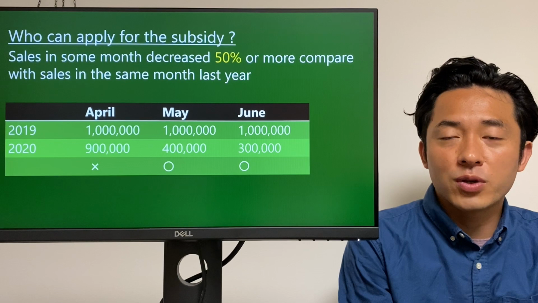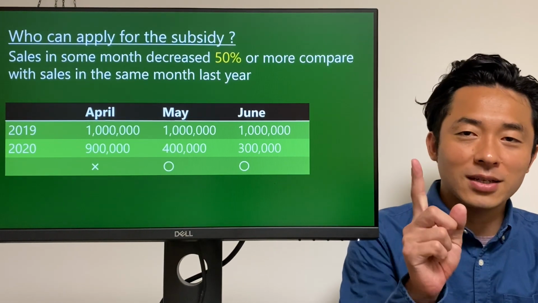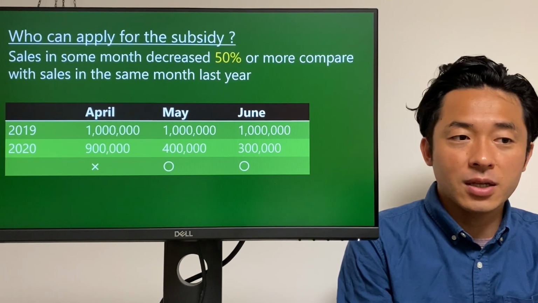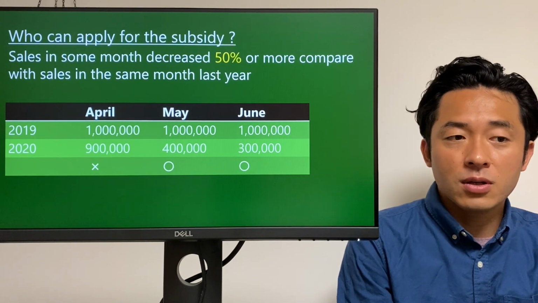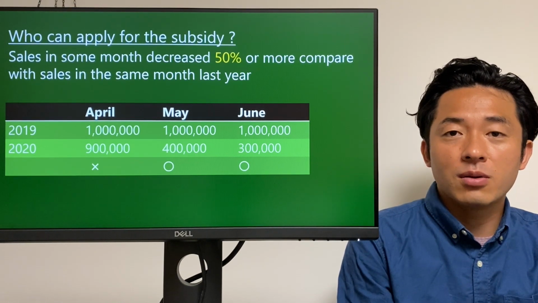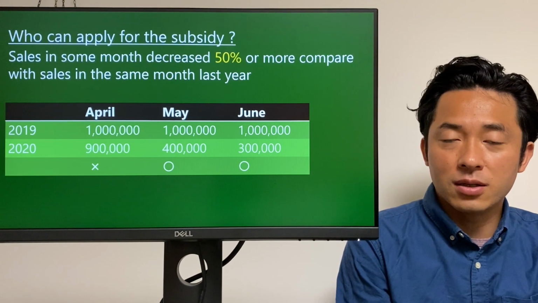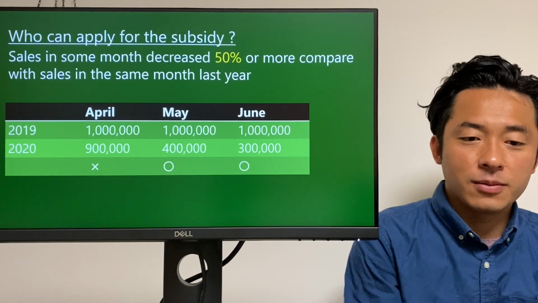And another important point is you can apply for the subsidies only one time. So your sales dropped more than 50% in May and June 2020, but you cannot apply for both May and June 2020. You can pick up only 1 month and apply for the subsidies.